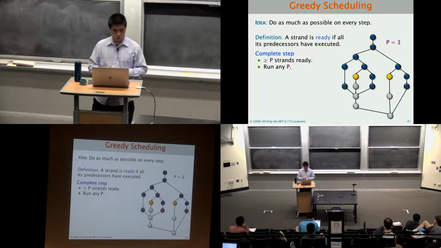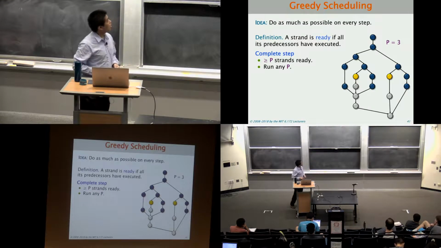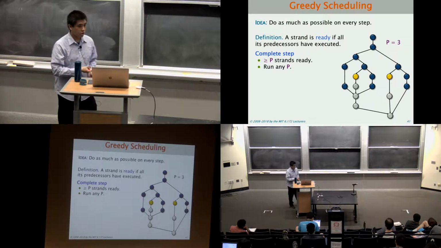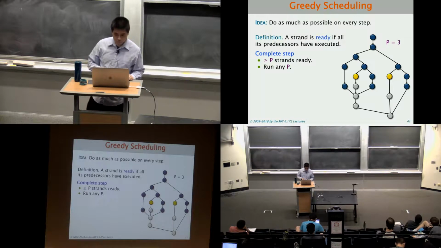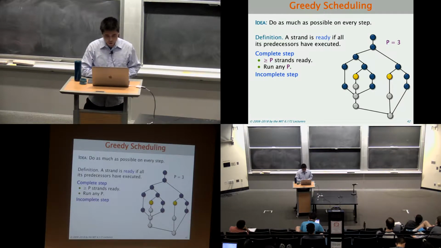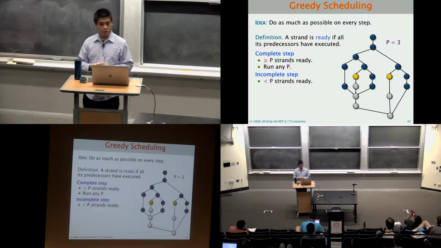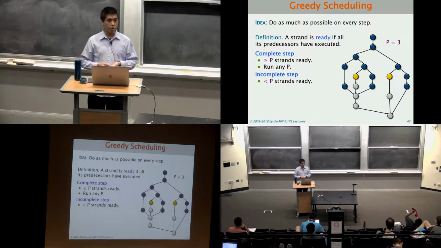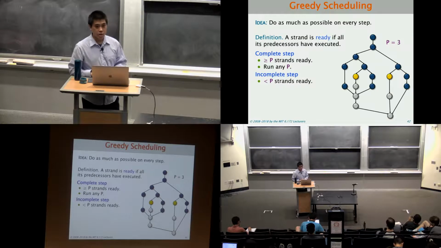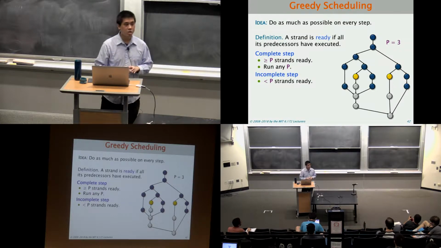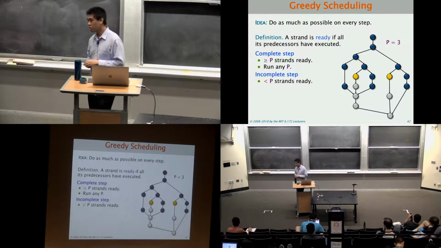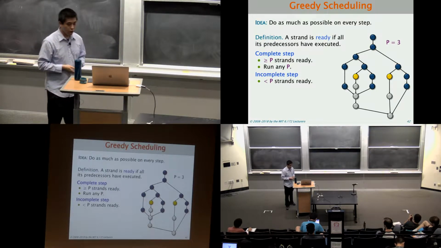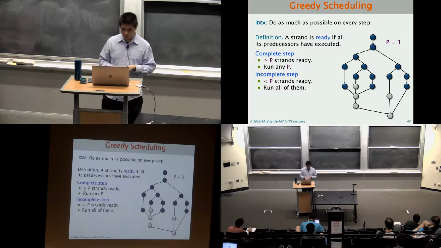Let's say I picked these 3 to run. It turns out that these are actually the worst 3 to run because they don't enable any new strands to be ready, but I can pick those 3. Then the incomplete step is one where I have fewer than p strands ready. Here I have 2 strands ready and I have 3 processors. So what would I do in an incomplete step? Yeah, just run all of them. So here I'm going to execute these 2 strands.